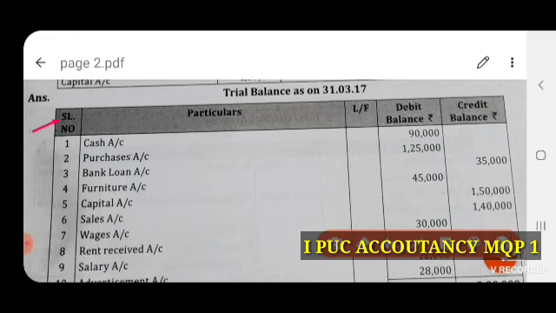Serial number, particulars, ledger folio, debit balance and credit balance. Now on the debit side, we have recorded all the assets, expenses, losses, and on the credit side all the incomes and gains.